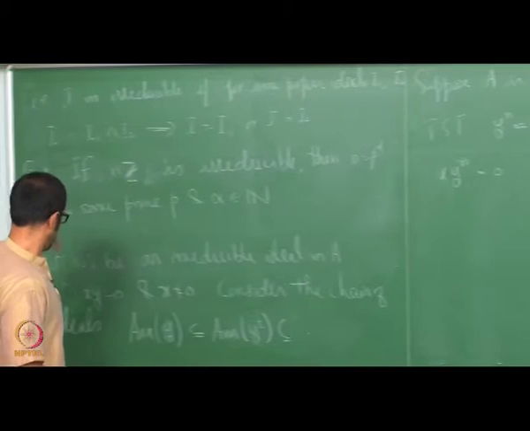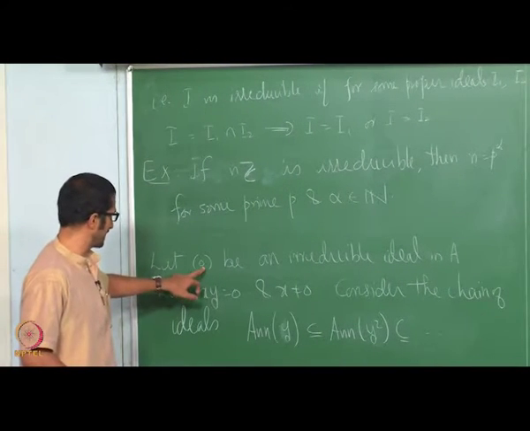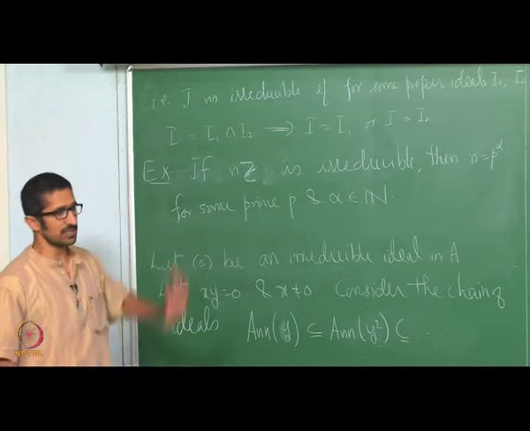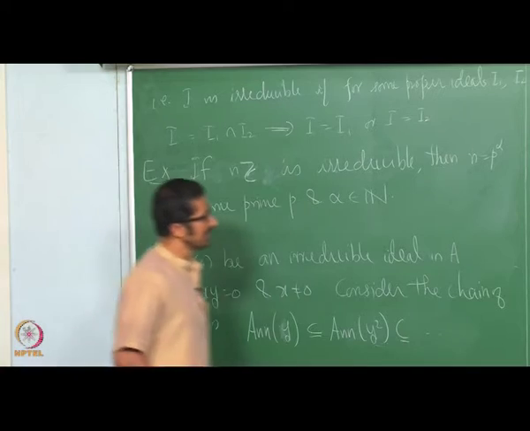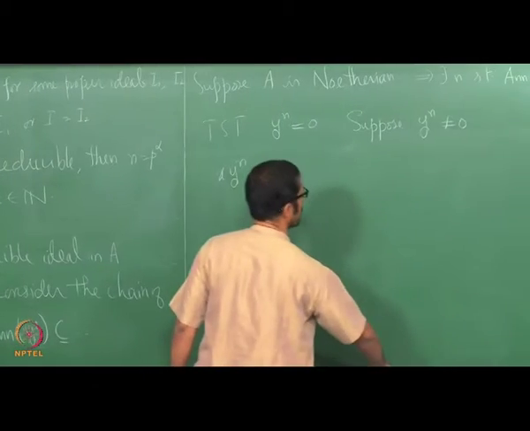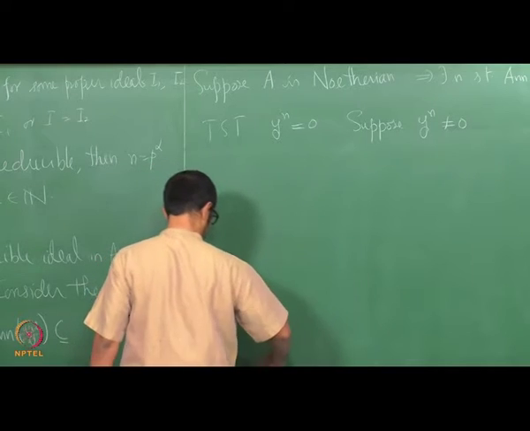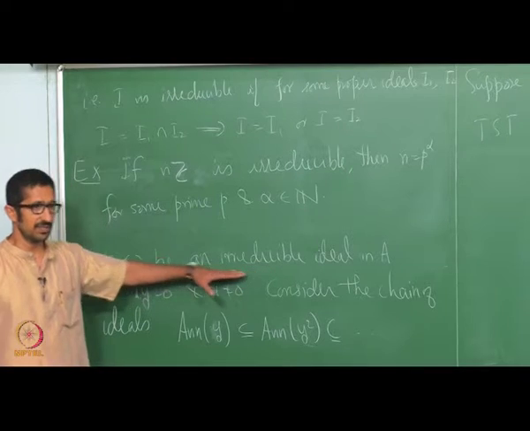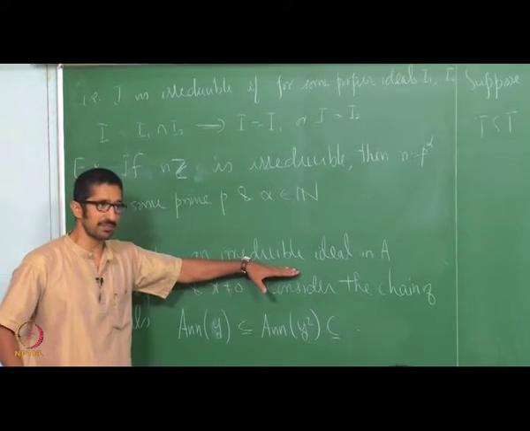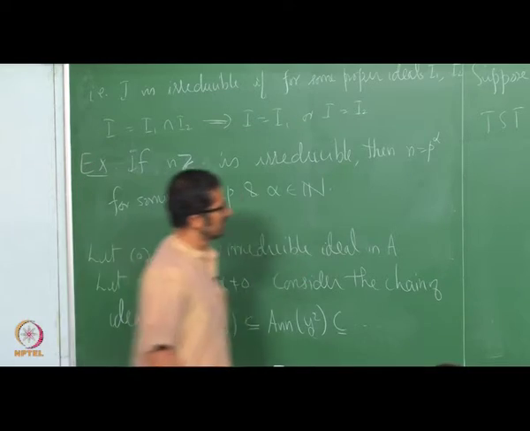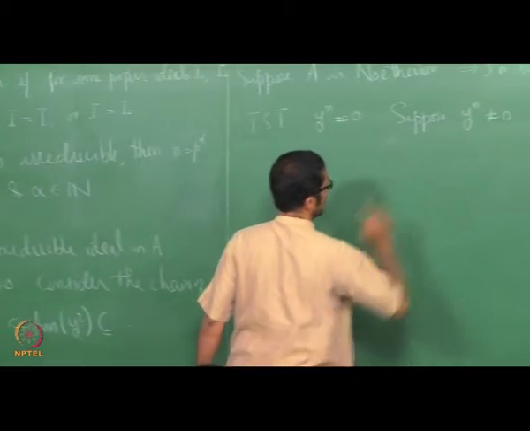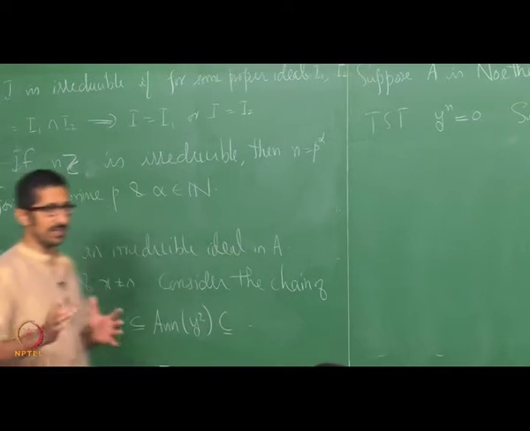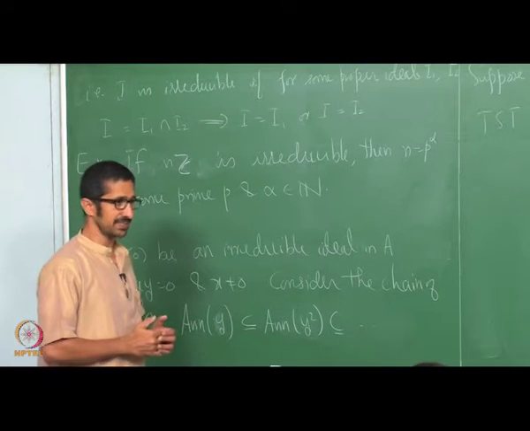Yeah. So, see, we have said that 0 is an irreducible ideal, that is our hypothesis. We have not used this fact at all. Okay. Now, y power n is non-zero. Suppose we can get a contradiction, that should be on this hypothesis, because this is something that we have not used yet. So, one way is to check whether 0 can be written as intersection of proper ideals.